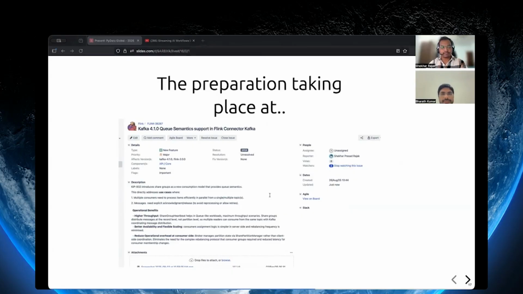This also comes with a Python API, so we can easily connect to a Kafka share group using the Flink Kafka connector Python API.